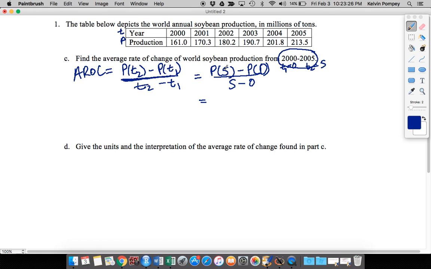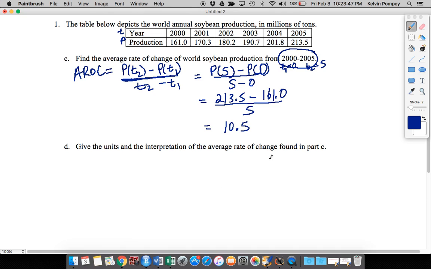And of course, 5 represents 2005, the functional value in 2005, which is 213.5. So this would be 213.5 minus, 0 corresponds to the year 2000, and the production amount is 161.0, all over 5, and that boils down to 10.5.